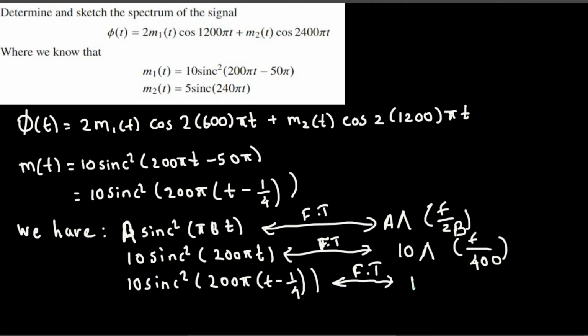So here we are going to have the exact same thing: 10 triangle of f over 400, multiplied by e to the power minus j 2 pi f times 1 over 4, which becomes minus j pi f over 2. Okay, so this is what we get. And after that, we can just go ahead and draw the diagram.